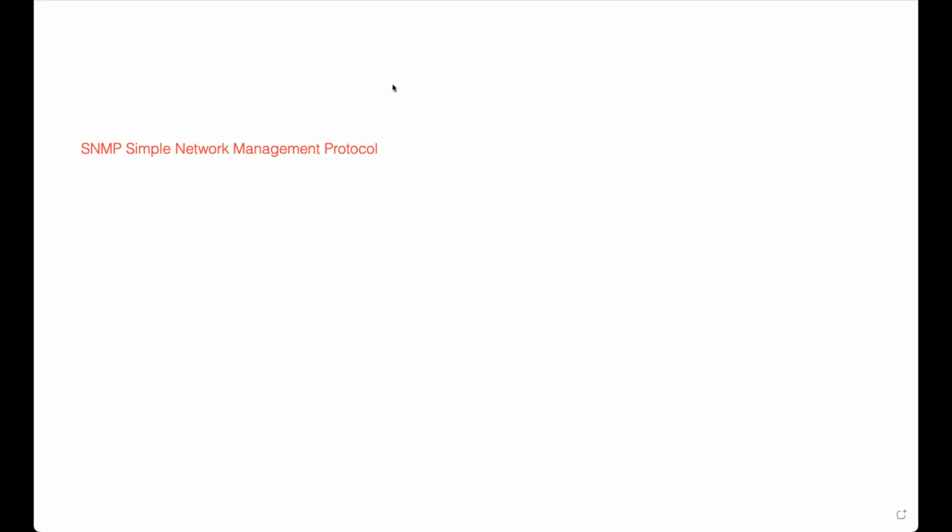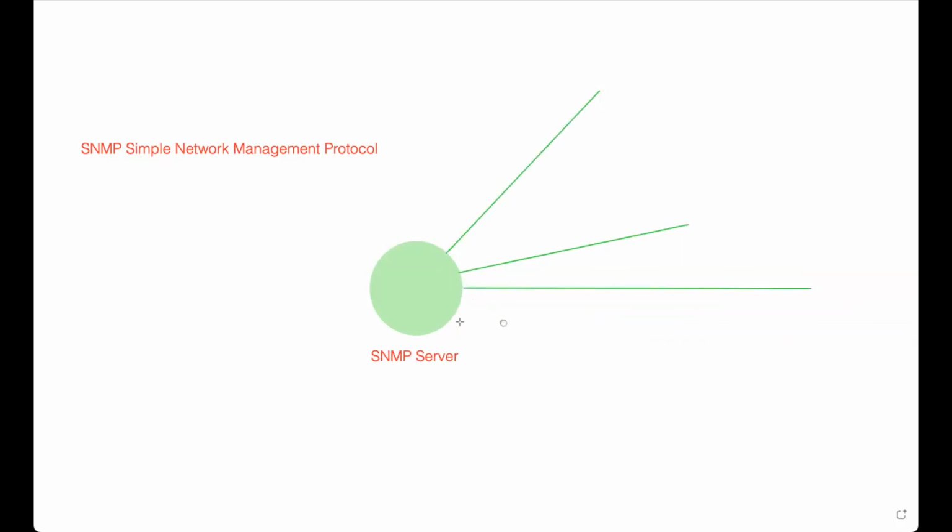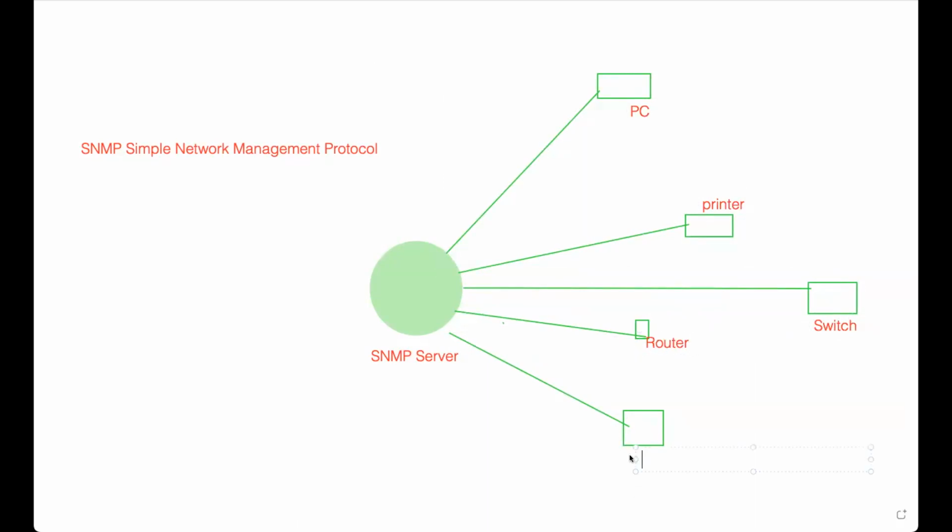For example, let's say you have a SNMP server. Let's say in your network, you have maybe PC, printer, switch, router, IoT, or let's say maybe like tablet.